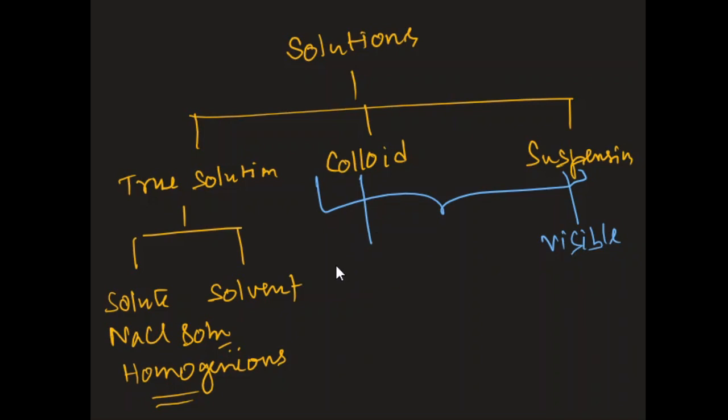You cannot see that with the normal eye, but with the help of a microscope, that is visible. It means its particle size will be 10 power minus 6 meter to 10 power minus 10 meter. Micron to almost angstrom. Most of the colloidal particles are in 10 power minus 9 meter also. That is called nanometer.